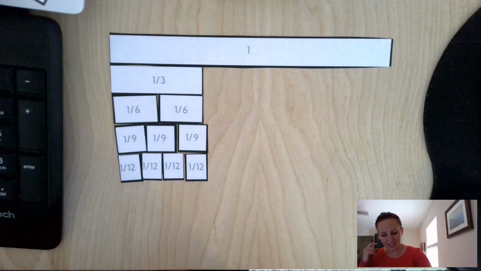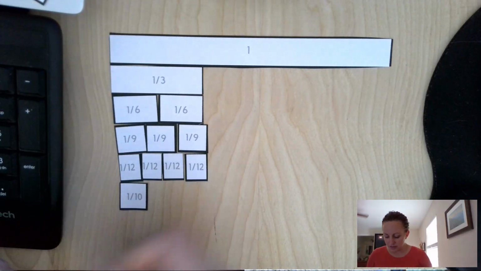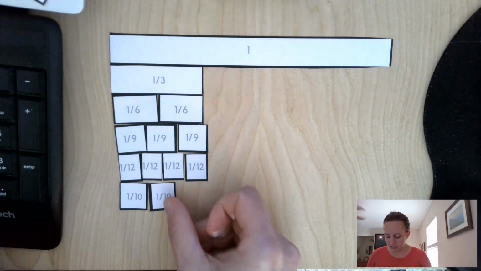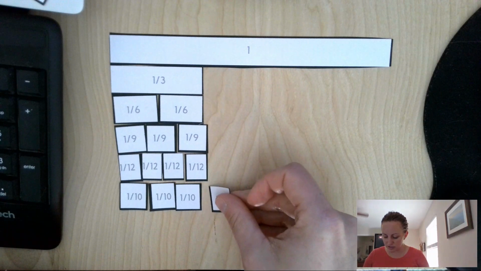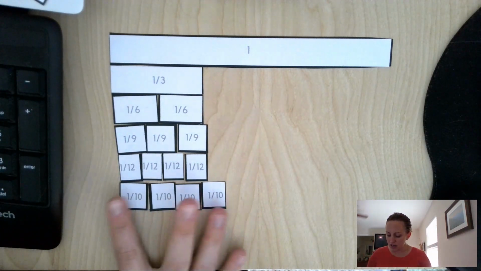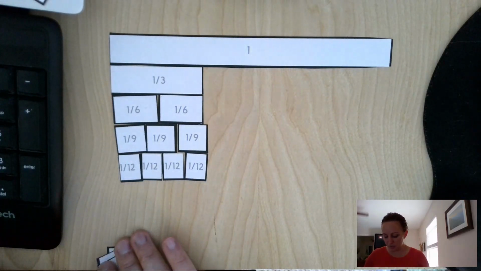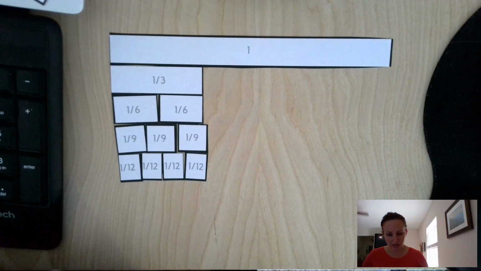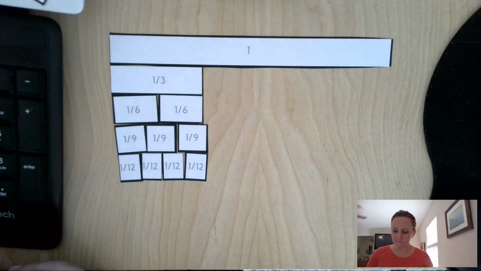I'm going to pick tenths. 1/10, 2/10, 3/10. Oh, it's close. 3/10 is close, but it's not quite the same. 4/10 is too big. So it's looking like if the denominator is not a multiple of 3, the fraction is not equivalent.